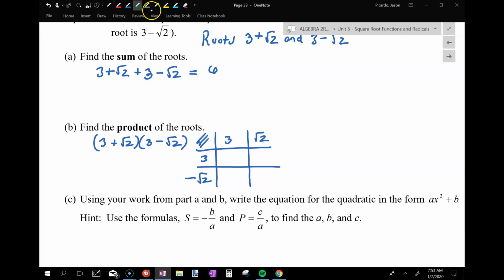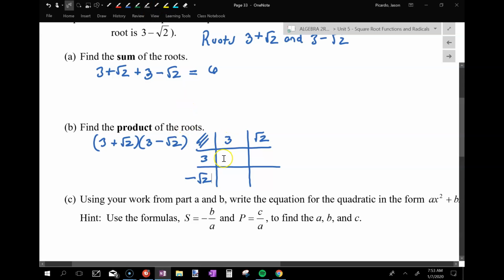All right, what do we got here, guys? 3 and 3. 9. Numbers play with numbers. Radicals play with radicals. So what's 3 times radical 2? Radical 2. And this is negative 3 radical 2. Because what number is in front of this? Negative 1, right? So it's 3 times negative 1, which is negative 3 times radical 2, right?